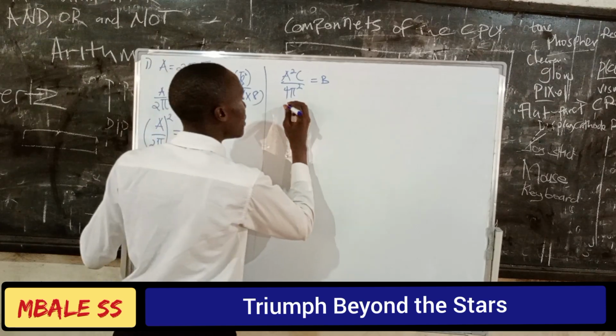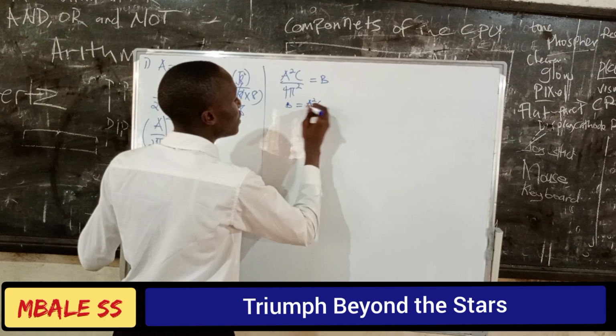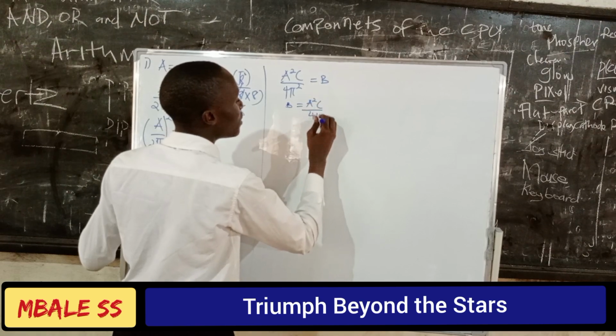So that we shall have B equals A squared C over 4 pi squared.